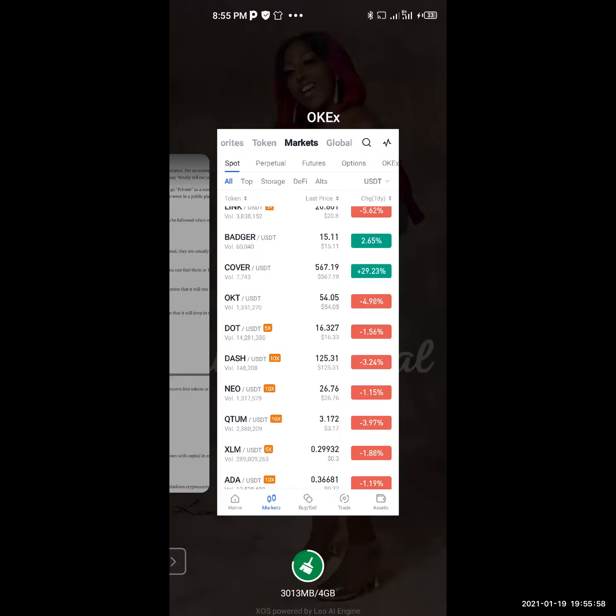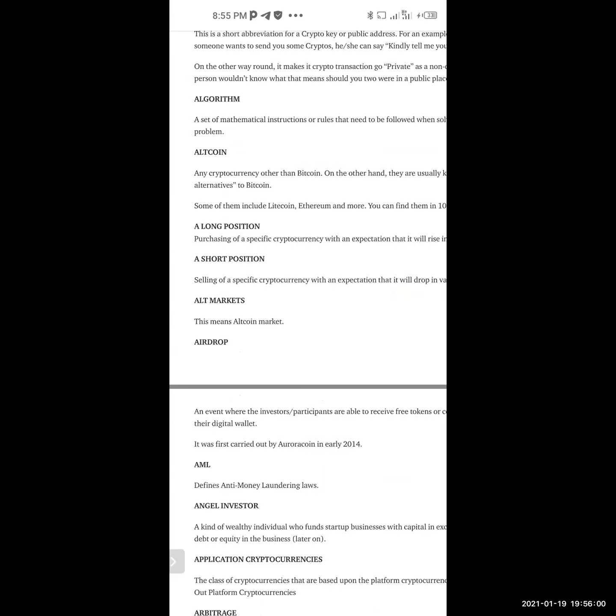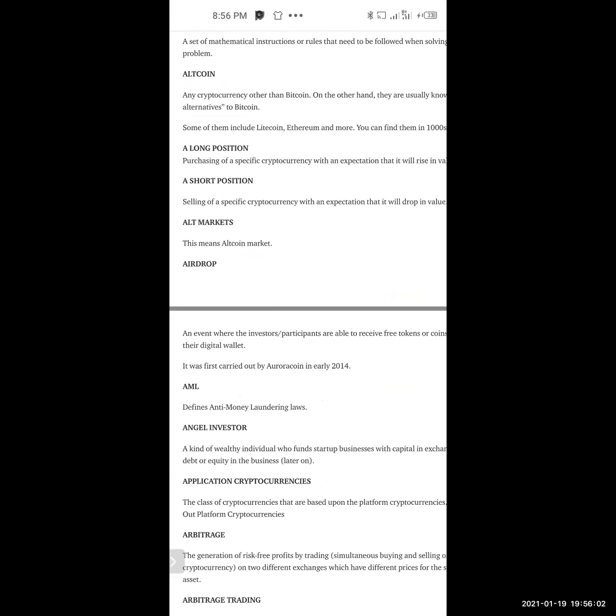So now next one is airdrop. Now remember I told you to get yourself two different emails. One email should be for your trading, and the other one should be for airdrops. Now, airdrop is a marketing strategy that companies use to get more people aware of their cryptocurrency. If you noticed, I showed you yesterday that there are over 8,000 cryptocurrencies in the market.